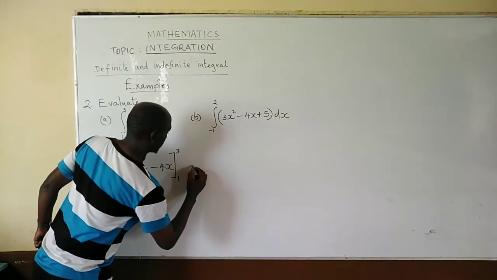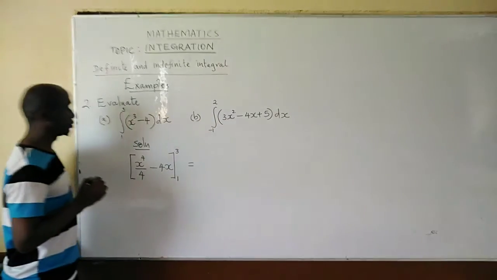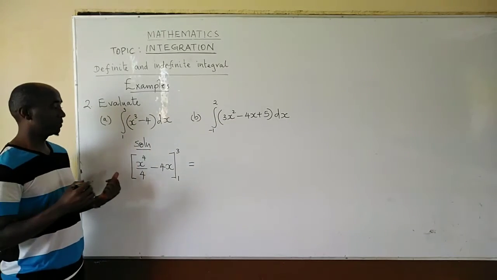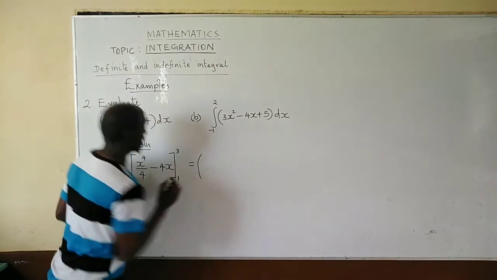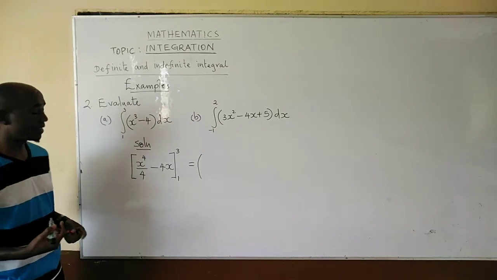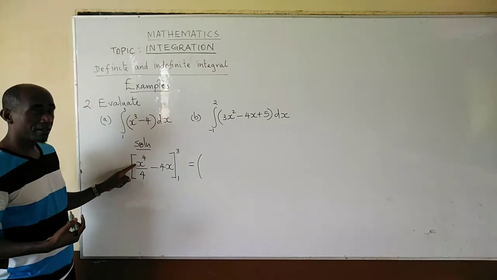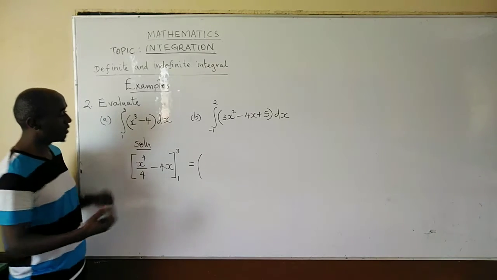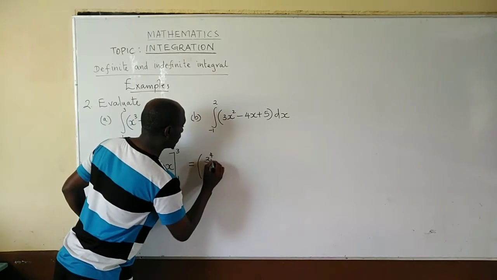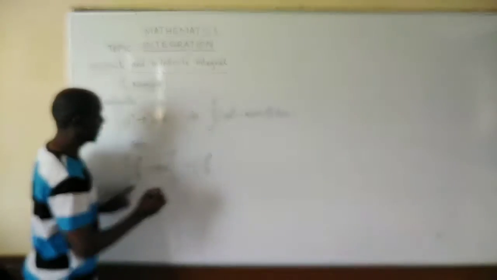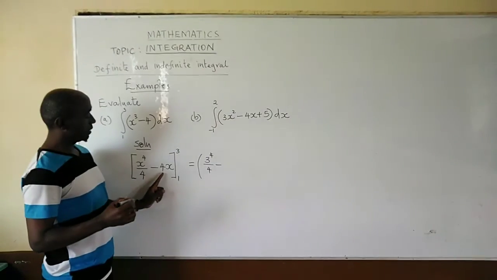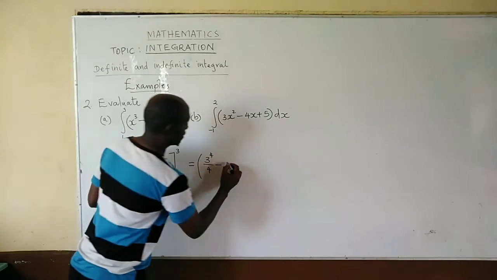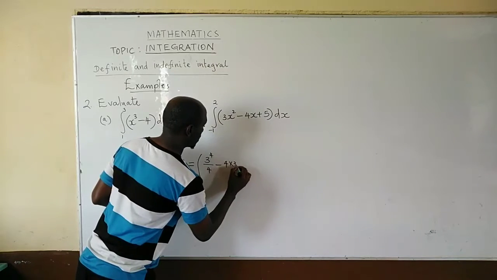Next, that one is equal to, you substitute. First, let us substitute the upper limit 3. So we will have, if in place of x you put 3, 3 raised to power 4 over 4 minus, here we have 4x, so that is 4 times 3.